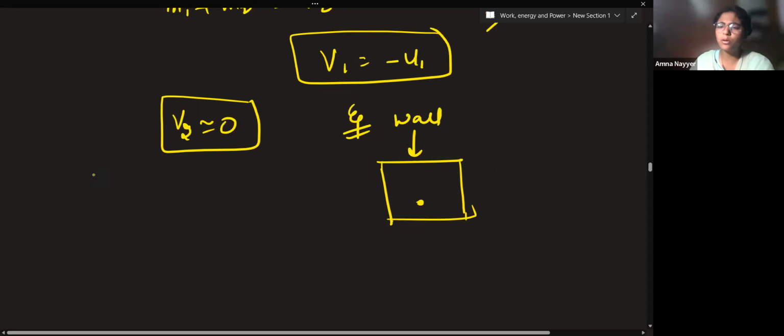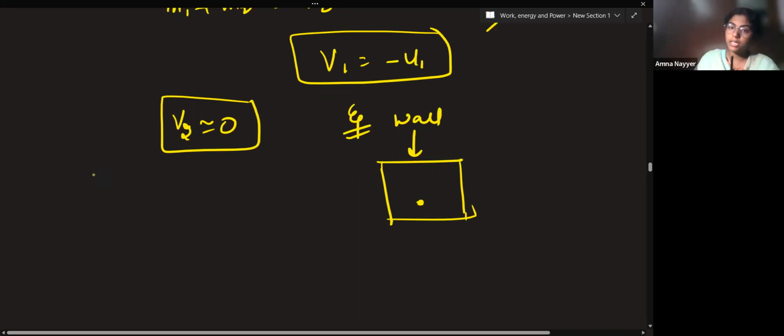So what is the final velocity of the wall? Will there be any motion in the wall? The wall will stay at its place because the small ball will not do any harm to it.